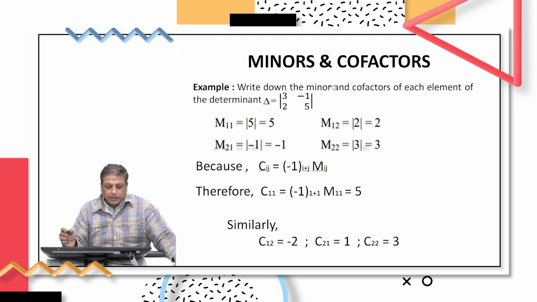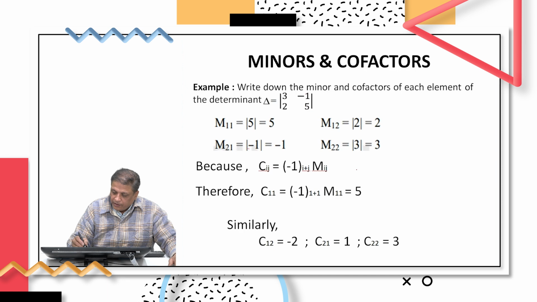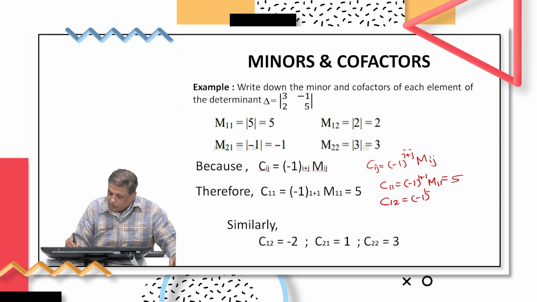Now if we calculate the cofactors, then Cij is equal to minus 1 to the power i plus j times Mij. So C11 will be equal to minus 1 to the power 1 plus 1 into M11, that is equal to 5.